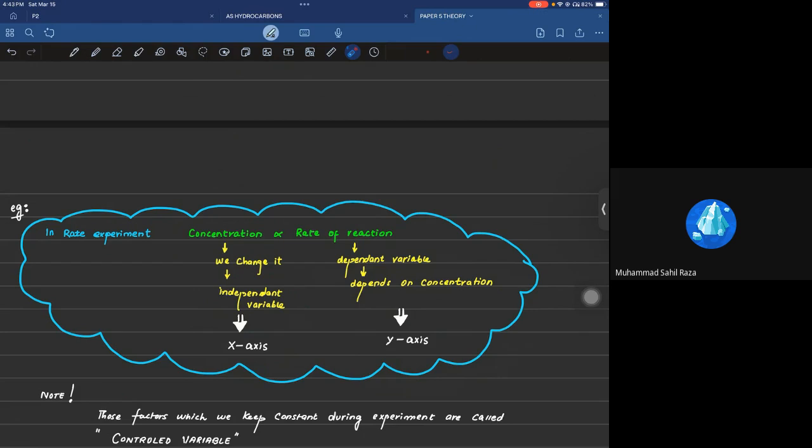Of course, by looking at the reaction and reading all the important instructions, we would decide which one is your dependent variable and which one is your independent variable. Then after knowing them, we would be able to put the correct thing on the correct axis. That's the main point.